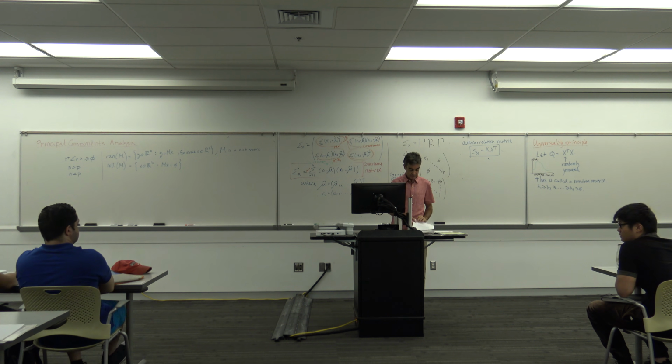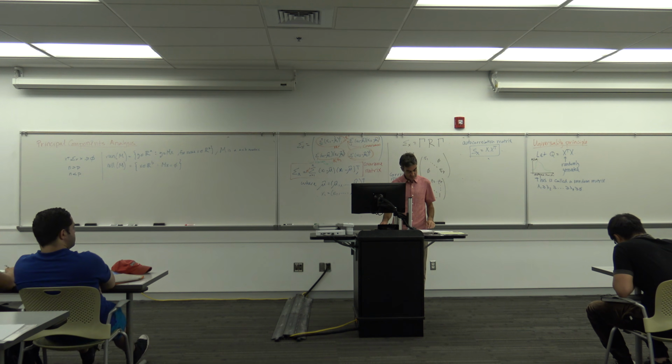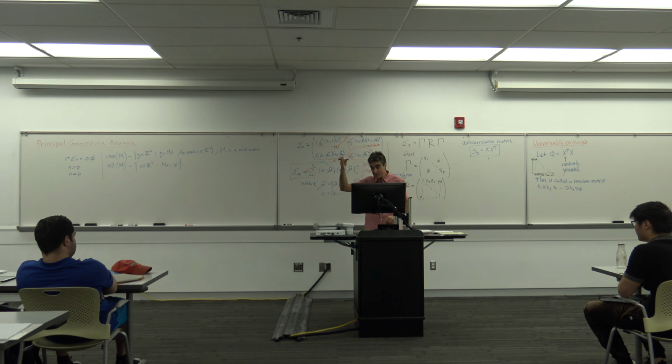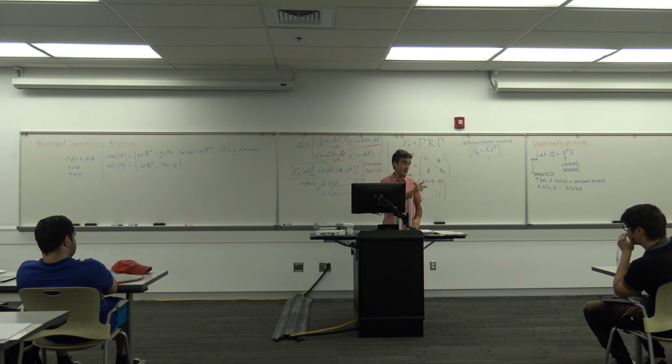For example, I could take the columns of my matrix M, M1, M2 through Mb, and the span of these vectors is equal to the range space. Very good.